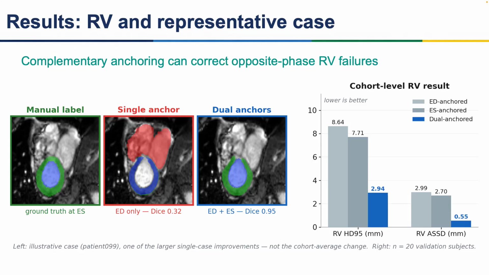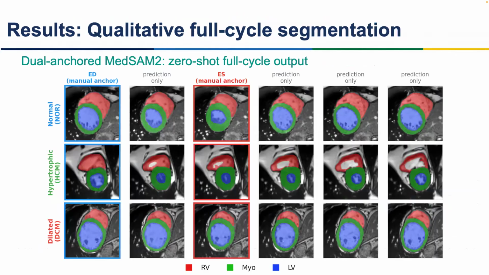Beyond this individual case, the method also produced dense masks across unlabeled intermediate phases. So these examples show segmentation across multiple cardiac phases and pathology groups. The highlighted ED and ES columns are the manually annotated anchor phases. The intermediate columns contain model predictions without manual full cycle reference masks.